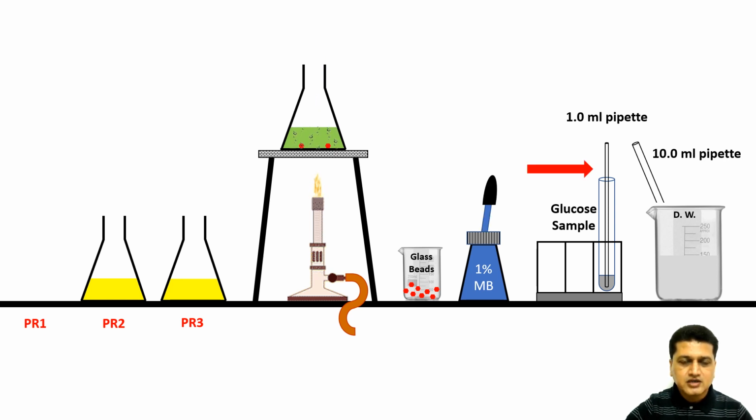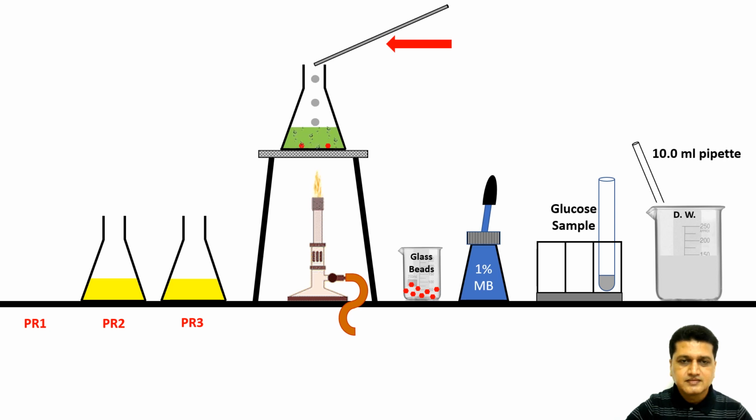Now add the glucose sample solution drop-wise into the boiling mixture with the help of 1 ml glass pipette. As the titration continues, the color of the mixture will change from green to purple.